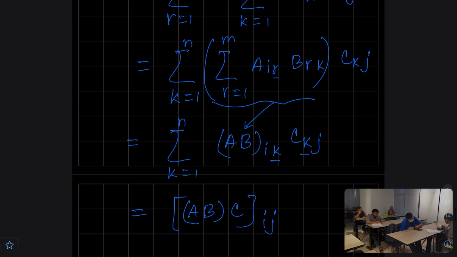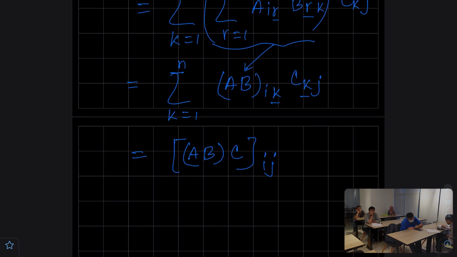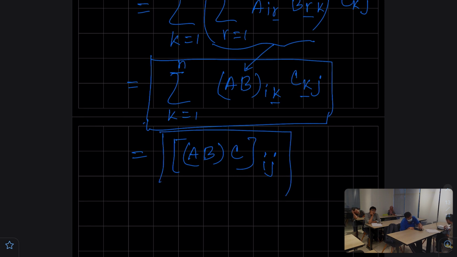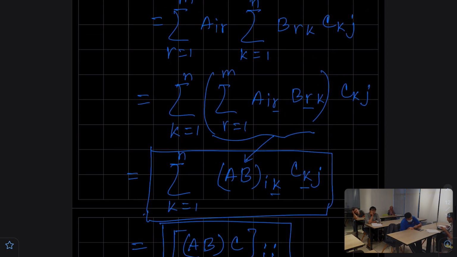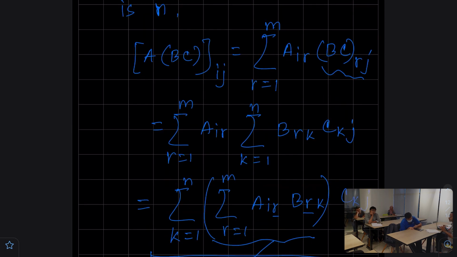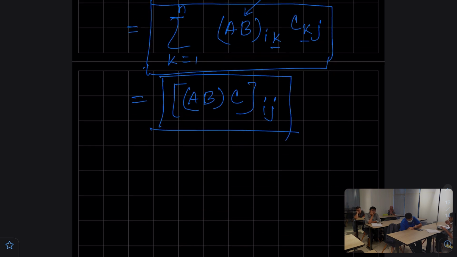Previously r was the summation index, and that's why I can write this whole term by this one. So the element ij of A times BC is equal to AB times C.